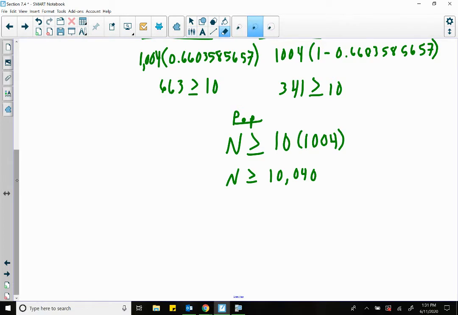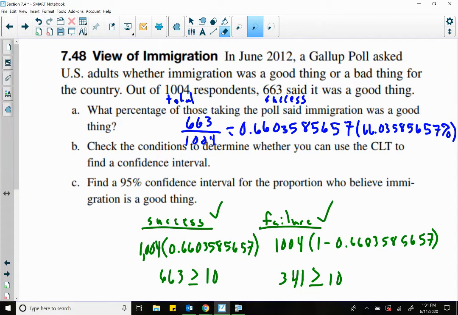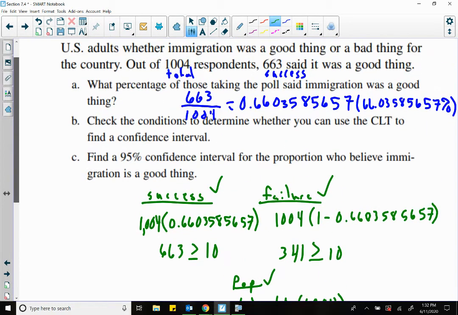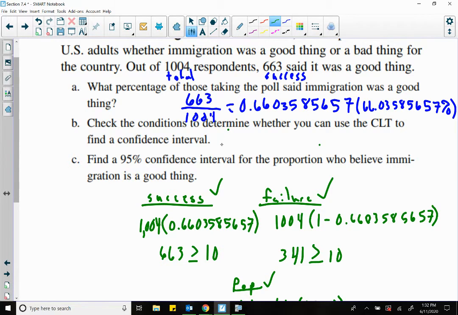If we come up here, we are talking about U.S. adults. So do you think there are over 10,040 adults in the U.S.? I hope so. We have a lot of people that live here in the U.S., and our population is definitely, for adults, over 10,040. So CLT is definitely met.